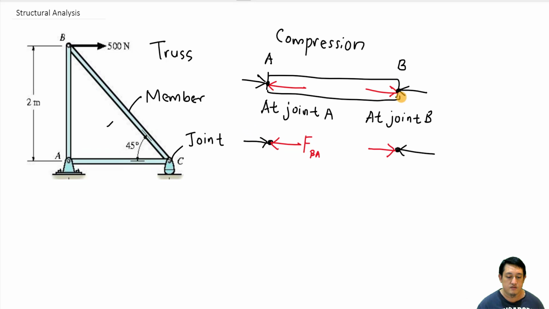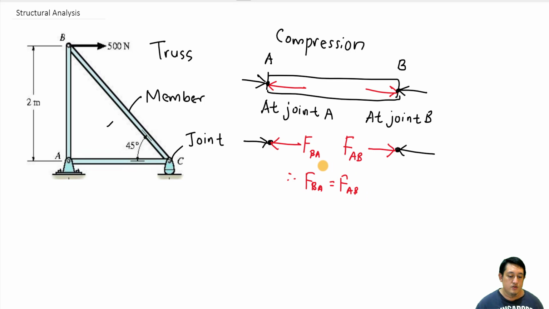Because the direction is from A to B, I write it as F A B. If you look at F BA and F AB, even though this is BA and this is AB, the magnitude of F BA is equal to F AB, even though the direction is different.